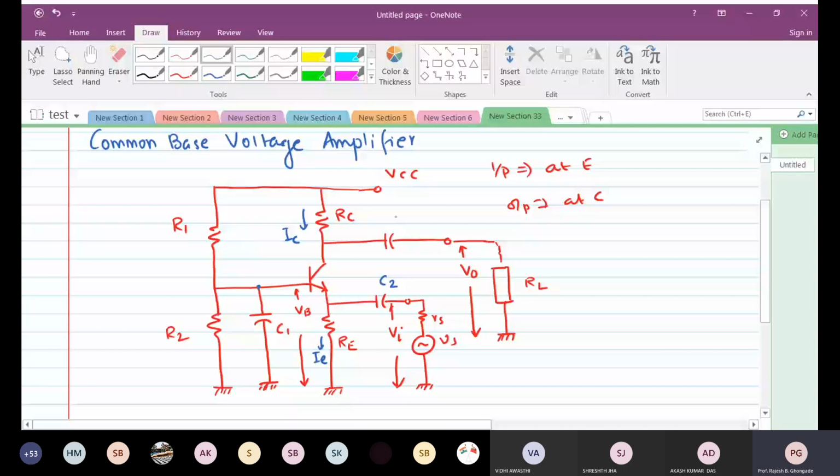Okay, let us look at the waveforms, the input and the output.